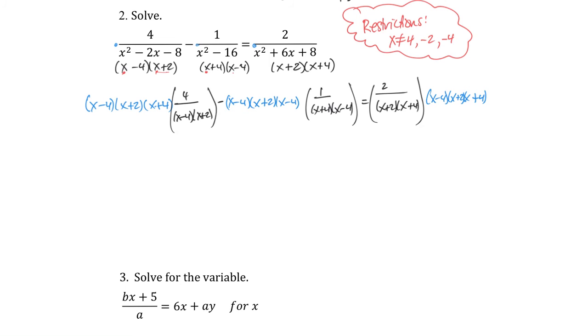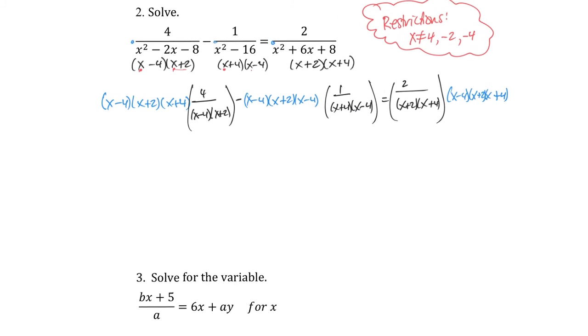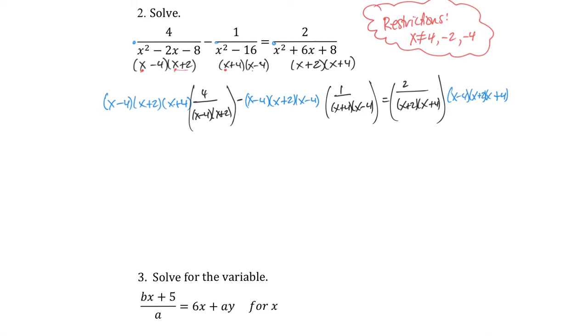So there is quite a bit of writing in this step of clearing fractions, but then pretty soon in the next step we're going to have a nice linear equation. Okay, so here we go. I can start simplifying. Anything divided by itself is just 1.